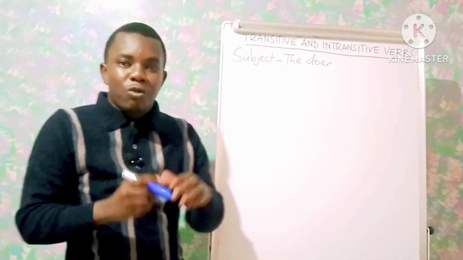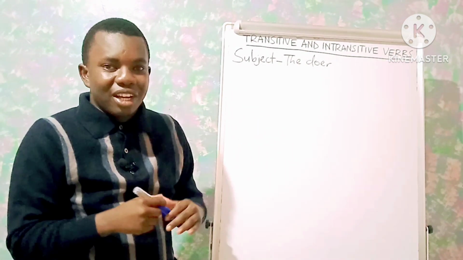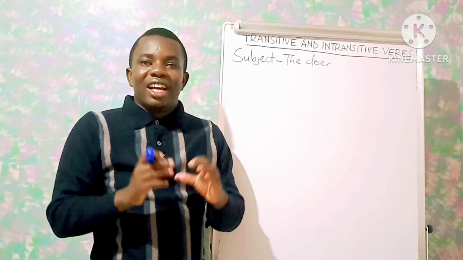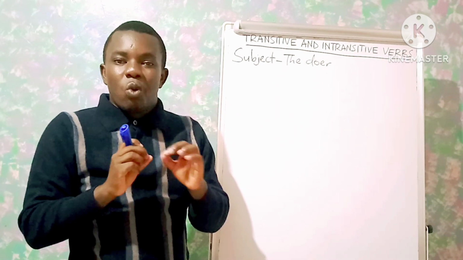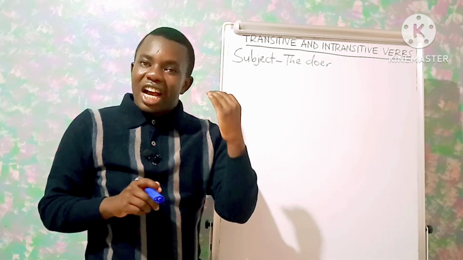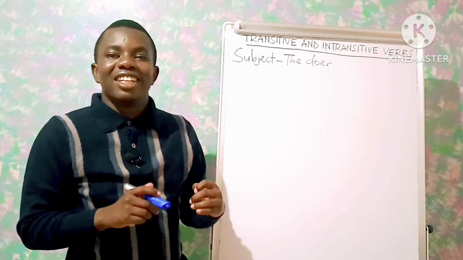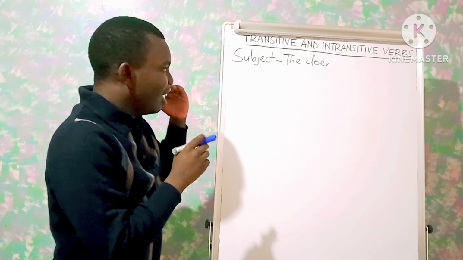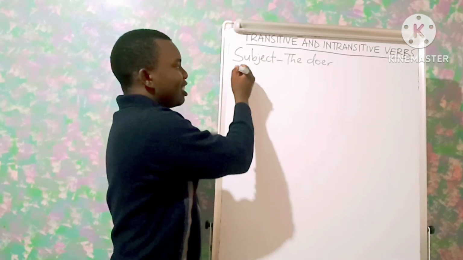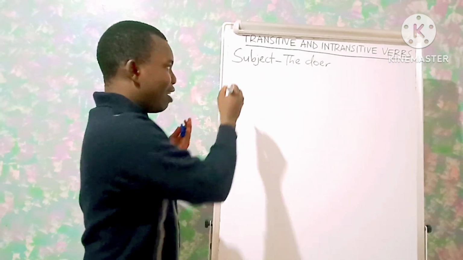Secondly, we have what is called the verb, and the verb is a doing word. The action in a sentence is shown by a verb.